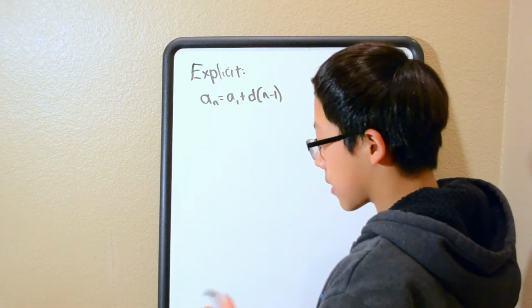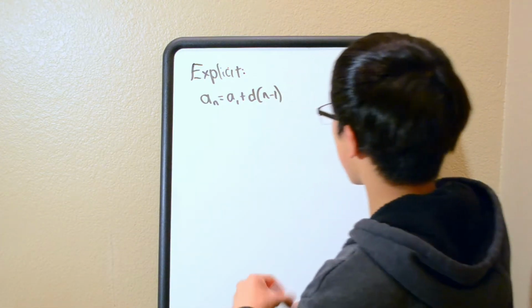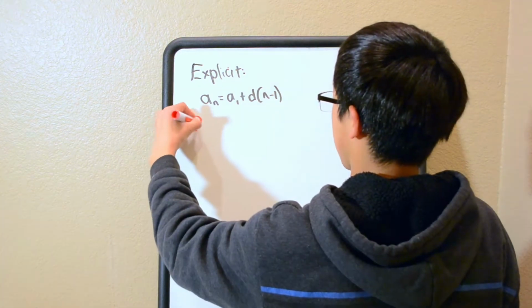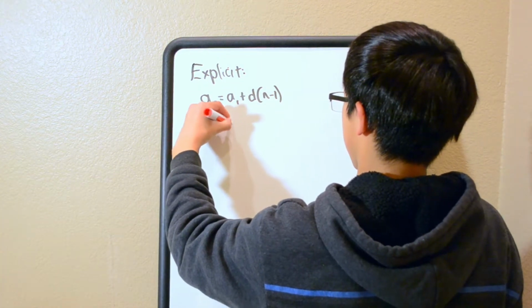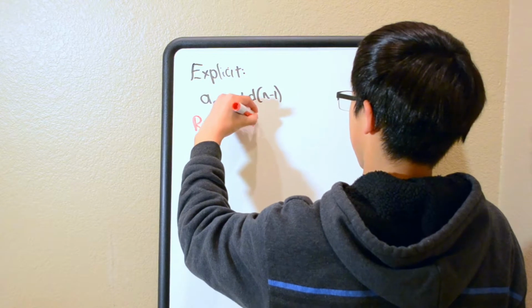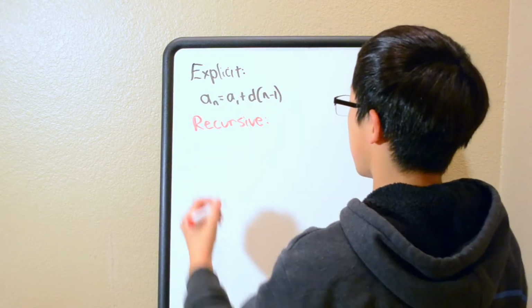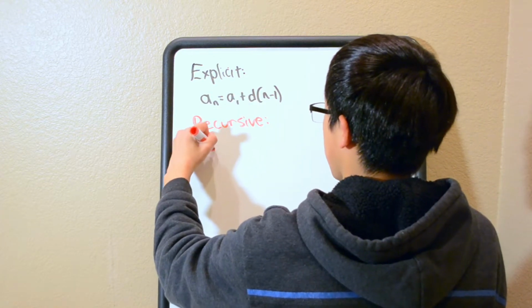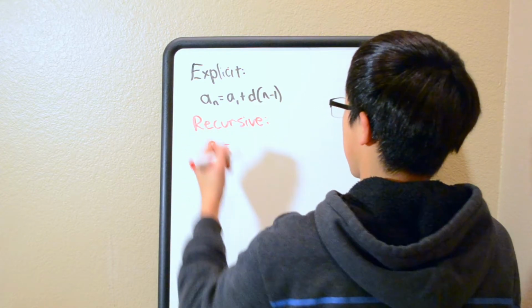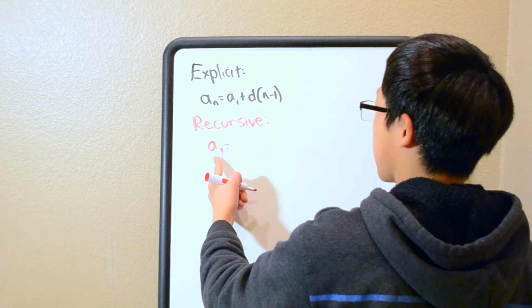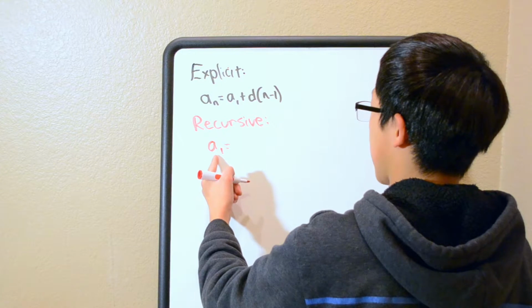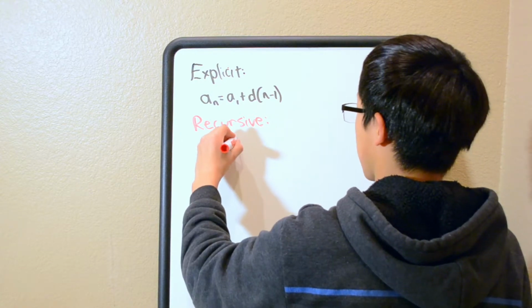Okay, now let's go to our recursive formula. The first thing to do is define your first term in your sequence. So a sub 1 is equal to the first term.